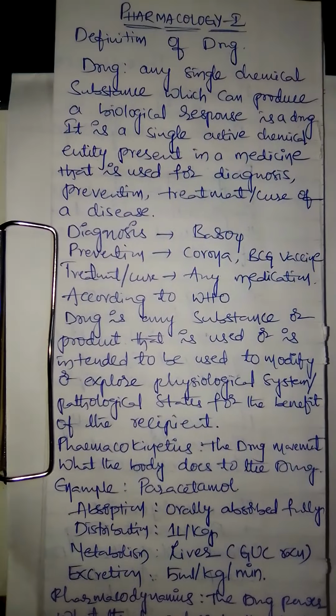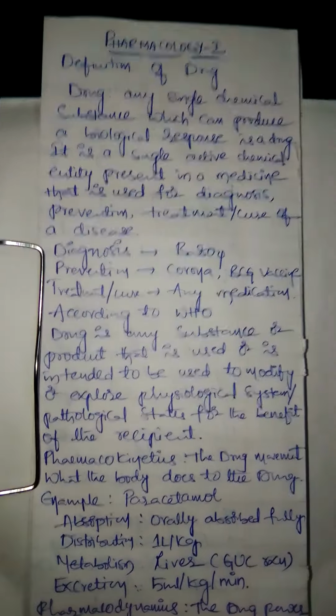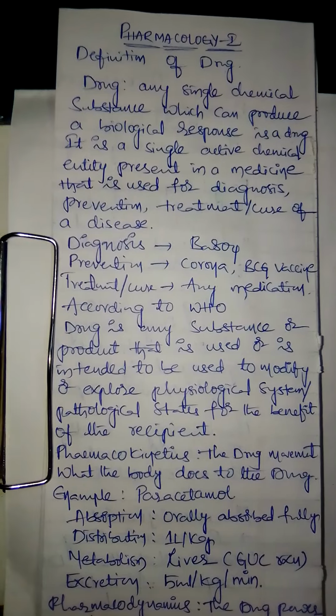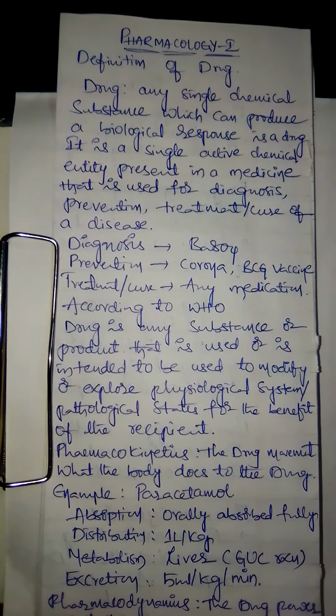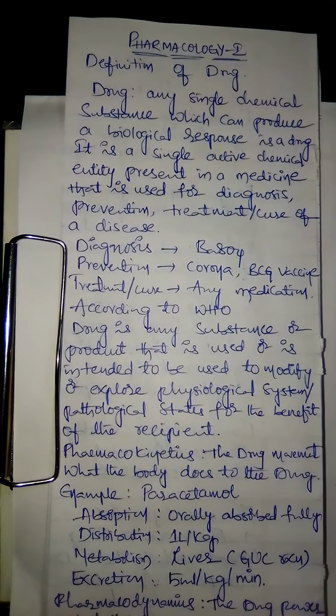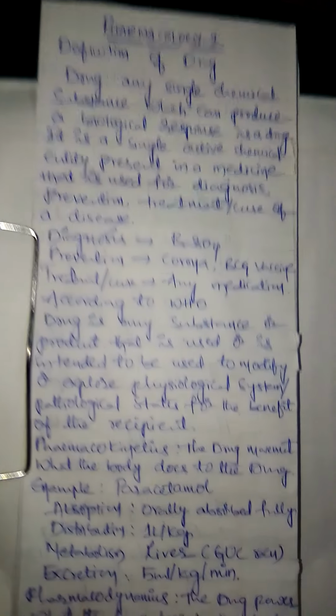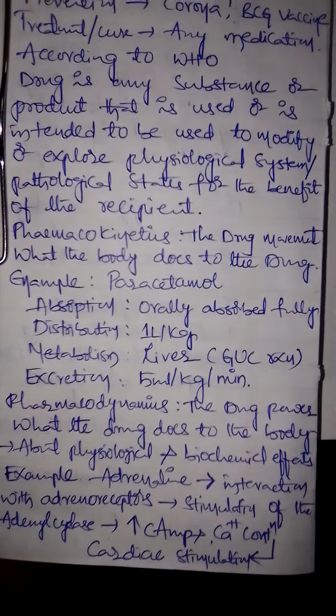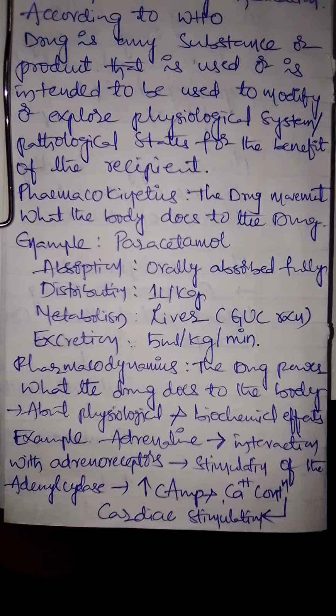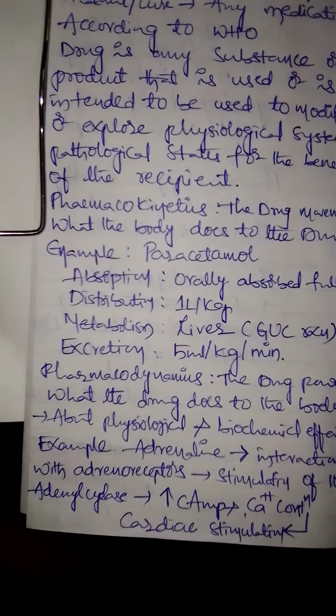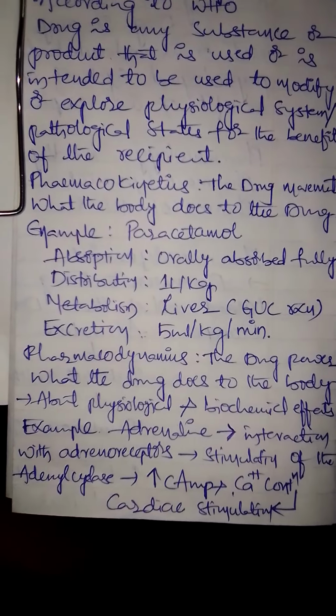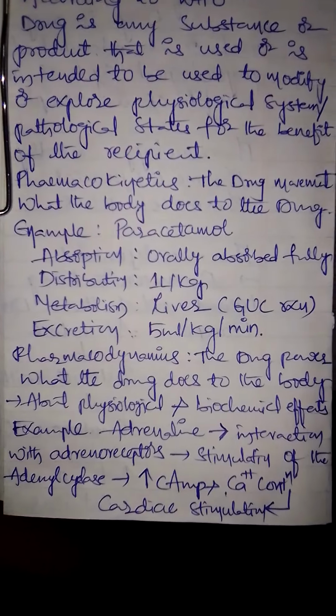Pharmacology is broadly classified into pharmacokinetics and pharmacodynamics, as we discussed in the previous class. Simply, pharmacokinetics means the movement of drug, that is, what the body does to the drug.